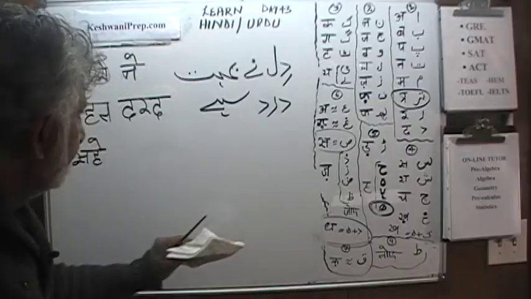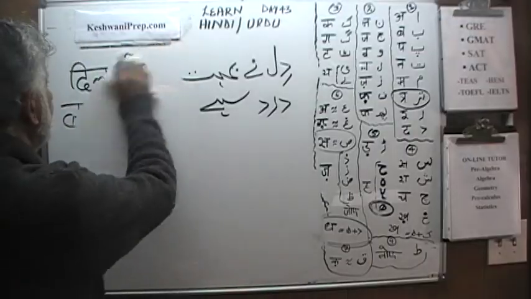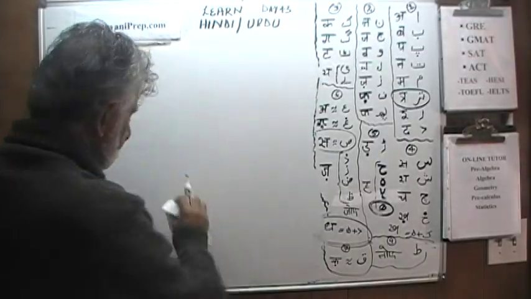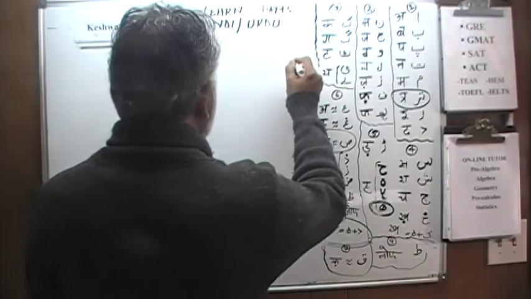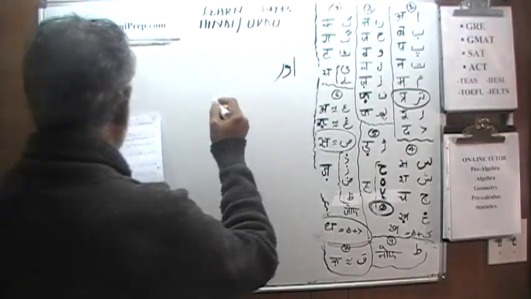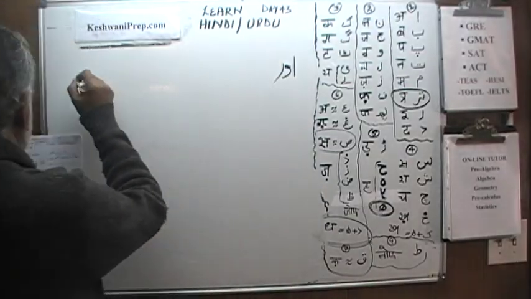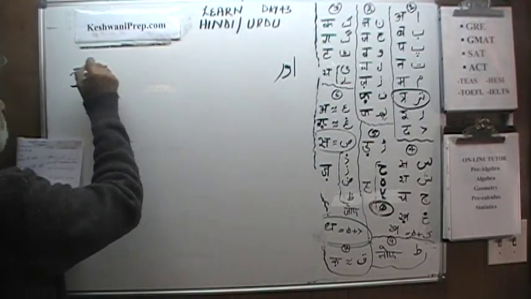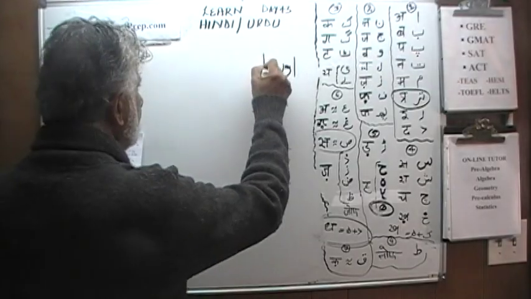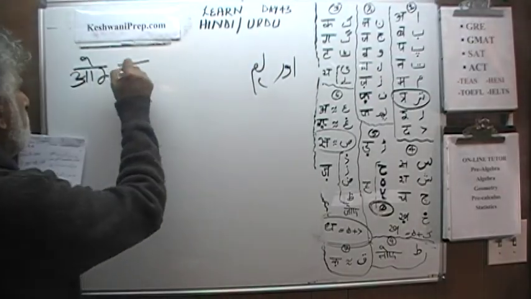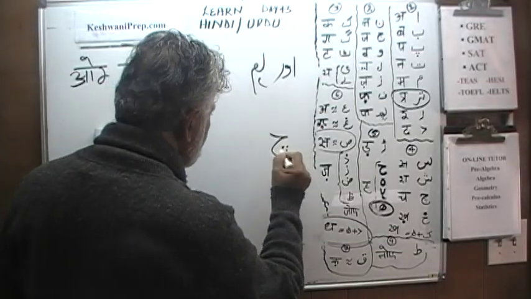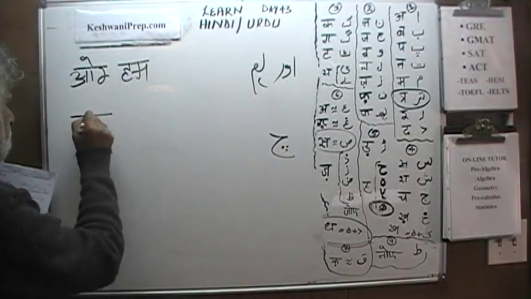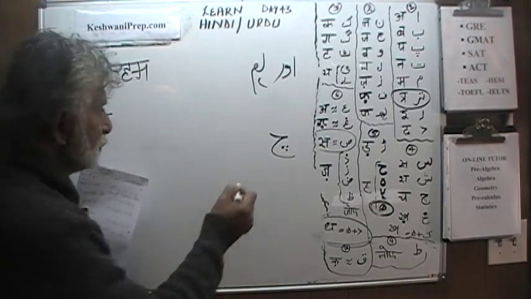Let's look at the third line. Aur hum. Next we have chup. Cha. We don't need cha, we need chup. Chu.